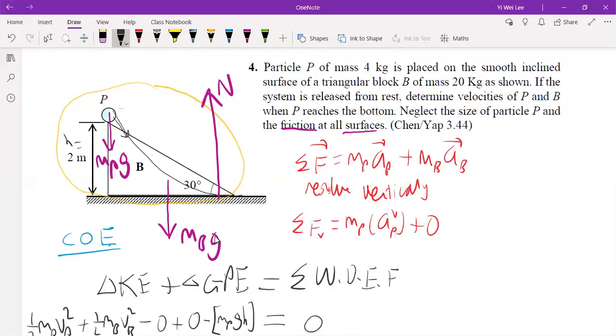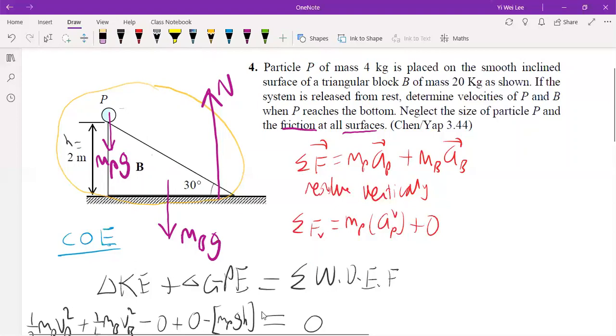Can you imagine that? If you cannot imagine that, you can simulate this experiment by using a ruler and placing your pen on top here. Move the ruler and slide the pen along the ruler. You realize the resulting curve that you form will be something like this. It wouldn't be a straight line. If it's not a straight line, it means that the velocity of P is not negative 30 degrees.